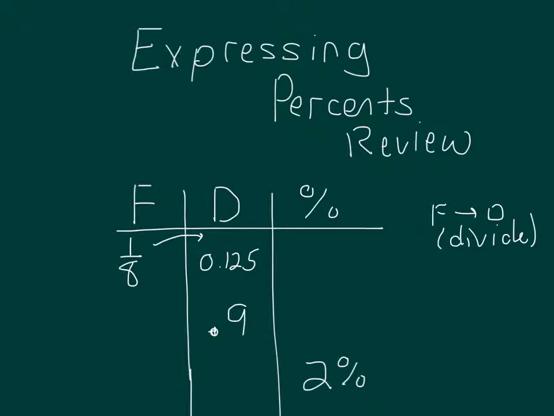Fraction to decimal. Divide. Now, if you have to turn your fraction into a percent, it makes sense to divide first to get a decimal and then multiply by 100.